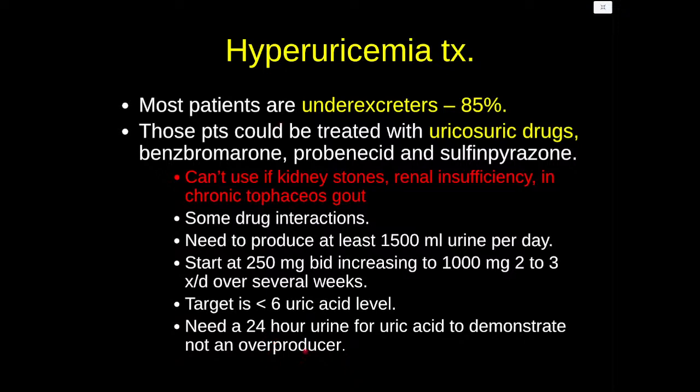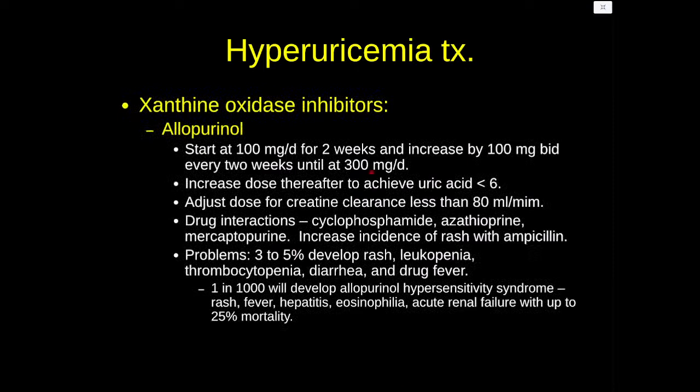So patients can be divided into under-excretors and overproducers. When you have an overproducer patient, you have to treat with uric acid synthesis inhibitors. When you have an under-excretor patient, you treat with this medication.